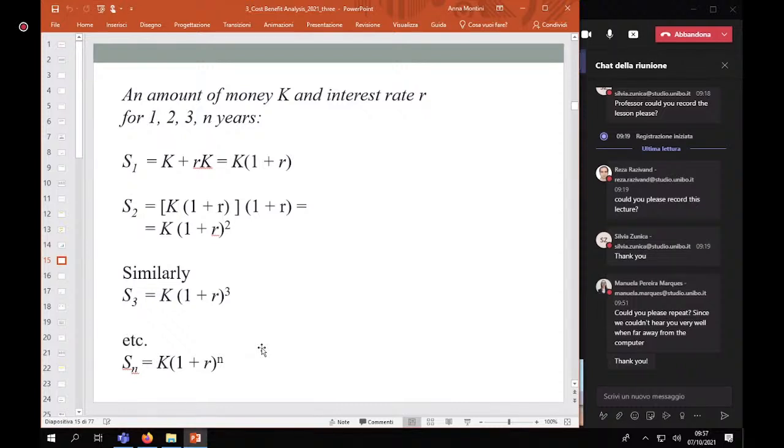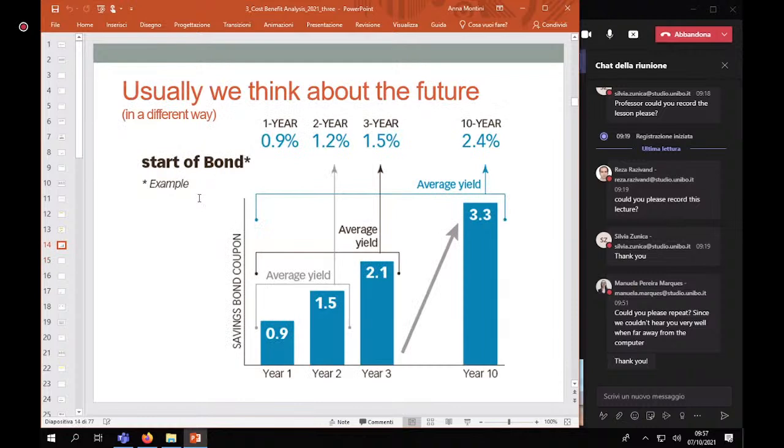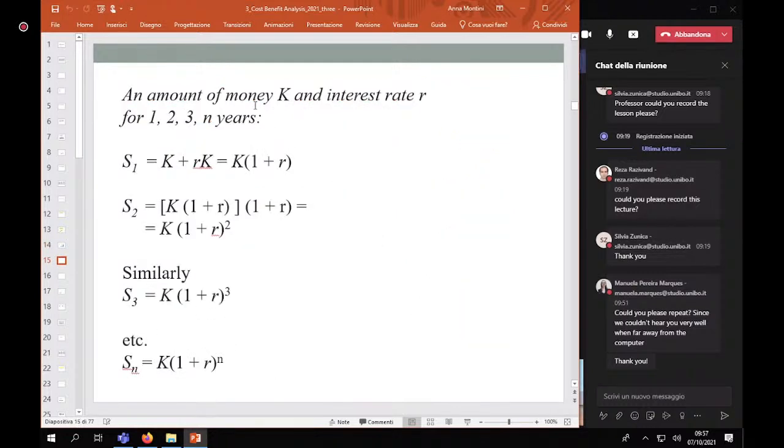Here you have the usual formulas that we have to consider for compounding, to calculate the future amount of money if we have an amount of money to invest today. For example, to answer this kind of chart, okay? So an amount of money K, and an interest rate R, for 1, 2, 3 years.